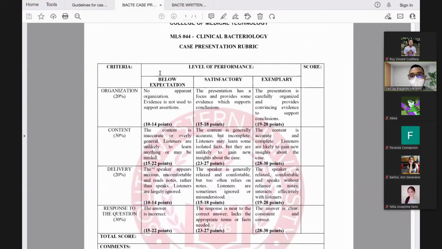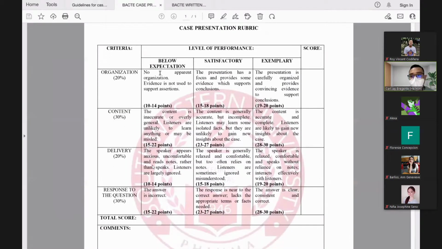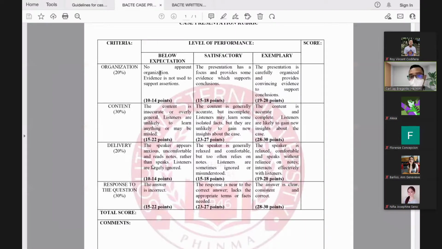For the case presentation, this is a group score. You will be graded according to organization, how you organize your slides, the content of your discussion or your slides, the delivery, how you deliver, and how you respond to the questions.